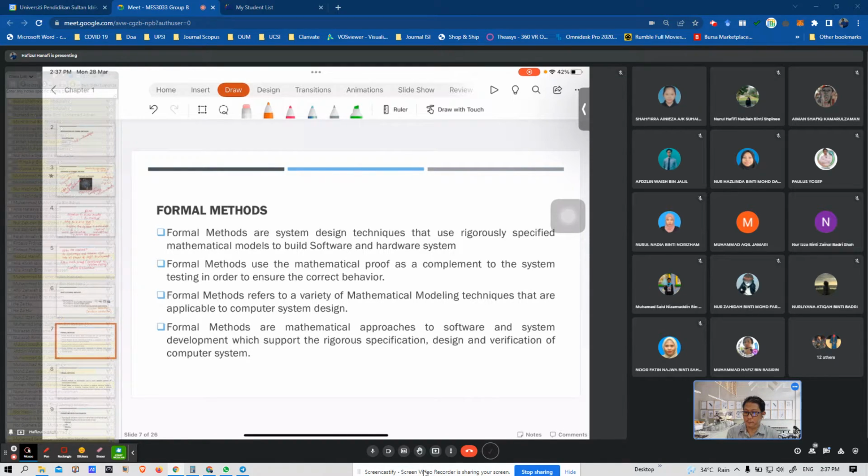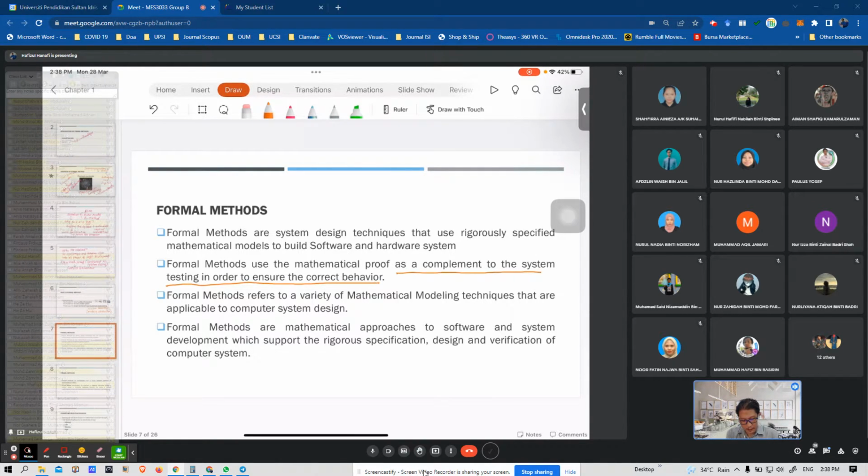Okay, and then nanti kita akan tengoklah what is a finite state machine, what is a directed graph, and so on. Okay, and then formal method uses mathematical proof as a complement to system testing, yang ni saya dah terangkan tadi, in order to ensure the correct behavior.